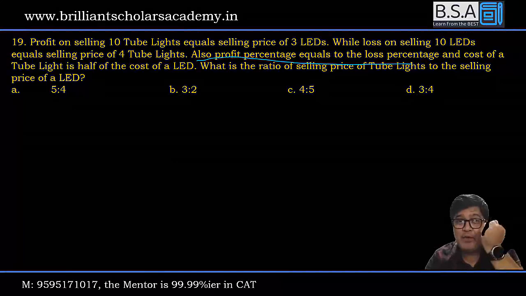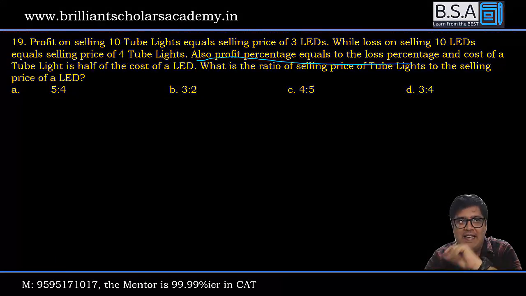जो ट्यूबलाइट का प्रॉफिट परसेंटेज है और जो लॉस परसेंटेज है एलईडी का, दैट इज सेम. ट्राई. Profit on selling 10 tube lights is equal to selling price of 3 LEDs, while the loss on selling 10 LEDs is equal to selling price of 4 tube lights.